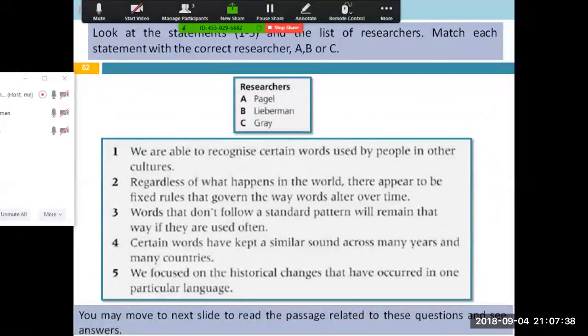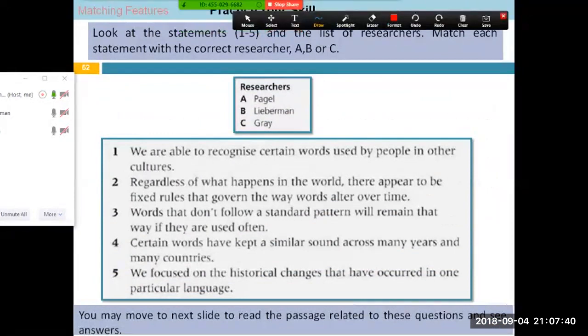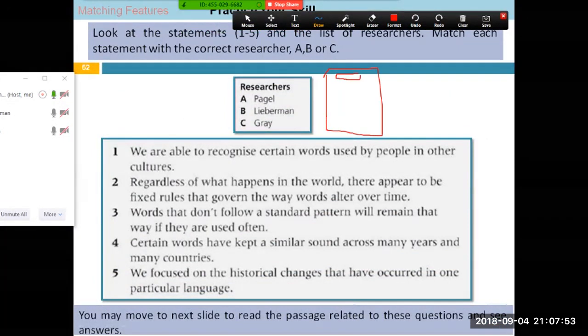In the IELTS exam, you generally get a very lengthy passage in section 3, and this section 3 generally contains a topic about multiple theories.